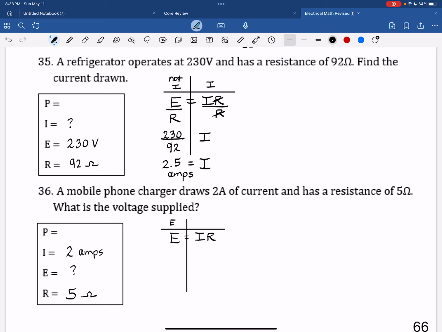We've already got E on one side and anything that's not E on the other side. So let's do the substitution. E equals 2 times 5. So E equals 10 volts.